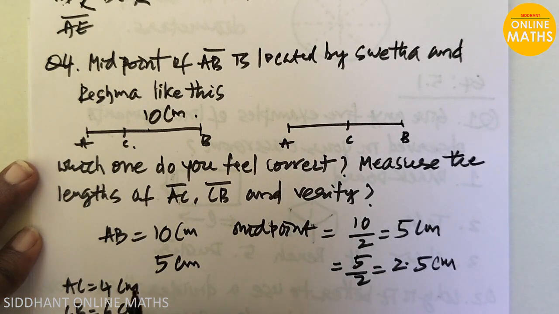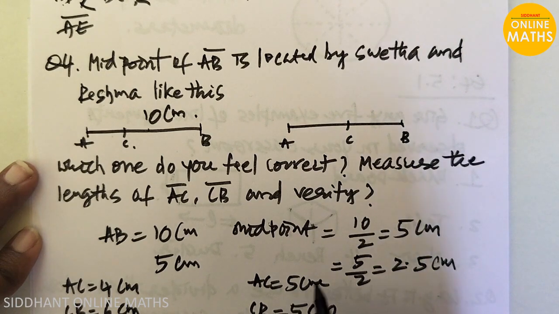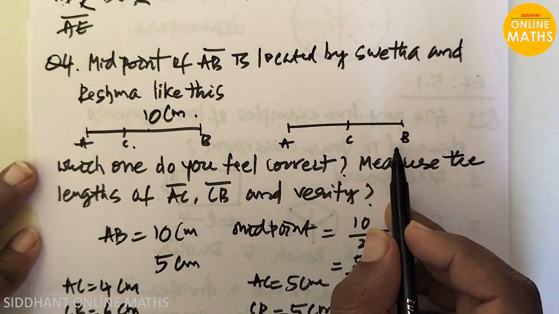So according to our concept, the midpoint should be at 5 centimeter. C point should be at 5 centimeter. But here you are going to measure this: AC will be 5 centimeter and CB will be 5 centimeter. Then we can say that the point C is the midpoint of length AB here.